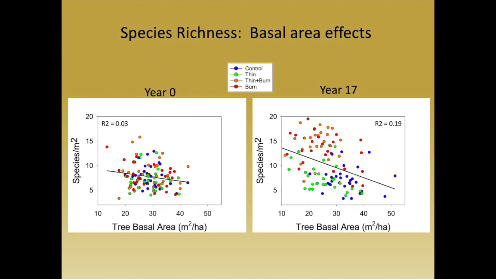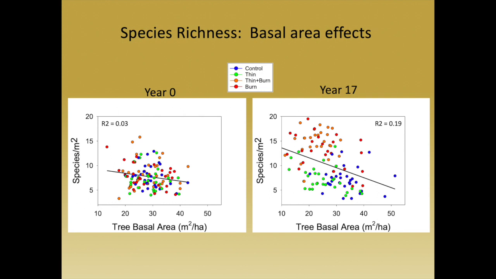Okay, the basal area. Remember, we didn't have much of a basal area response with herbaceous species when we started. By year 17, there was a stronger relationship, and you can see that. But again, it was really that fire: those drier plots that were species rich now, and that had lower basal area, tended to be more rich.